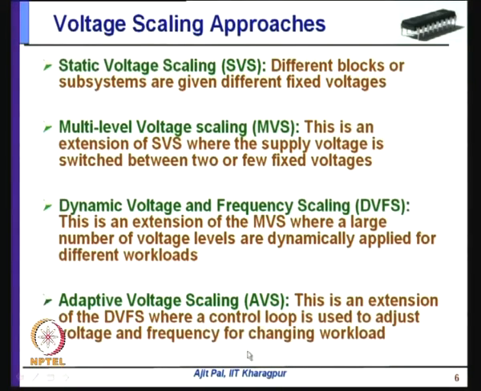That means, it can operate at different temperatures, and because of that the voltage and frequency requirement can be different, and that is the reason why in adaptive voltage scaling the voltage, actually it is a closed loop technique. Whatever voltage is required and frequency of operation that is required for that voltage to sustain that workload is identified at run time.